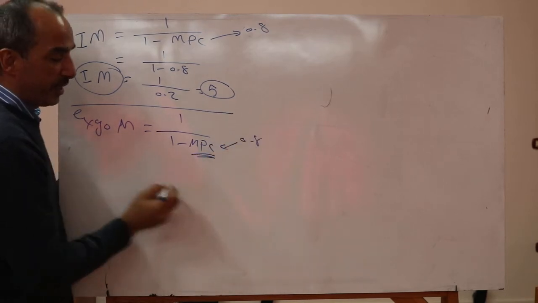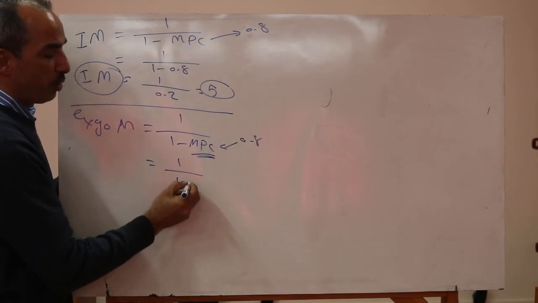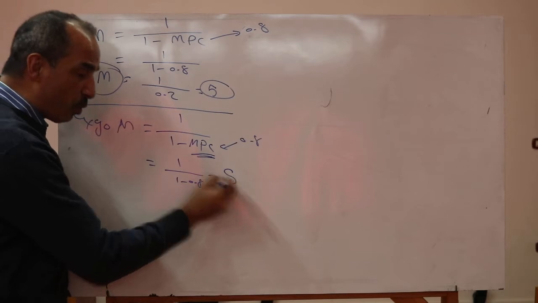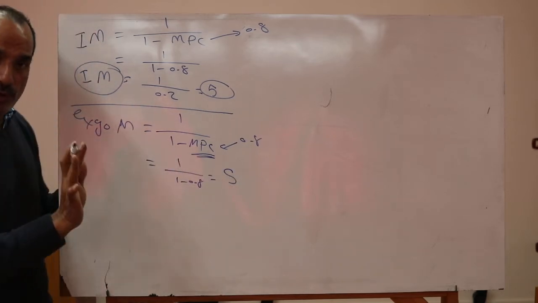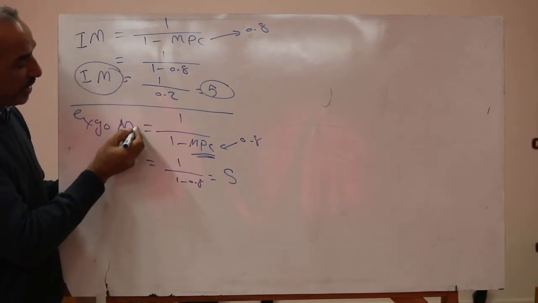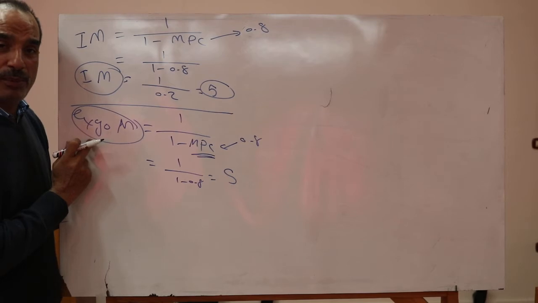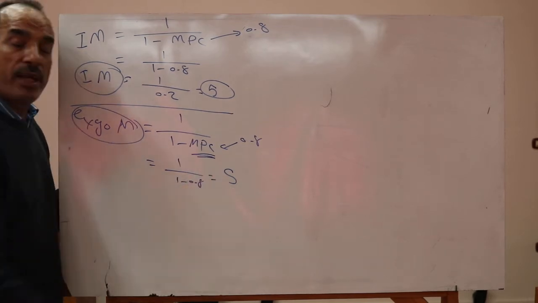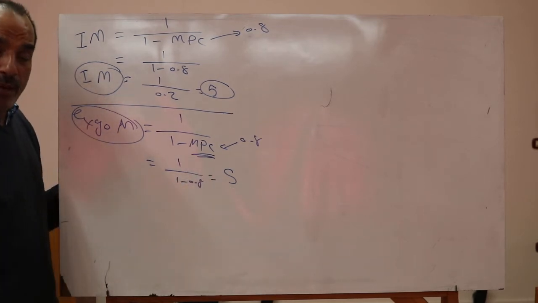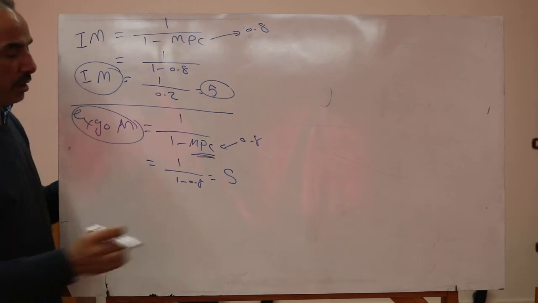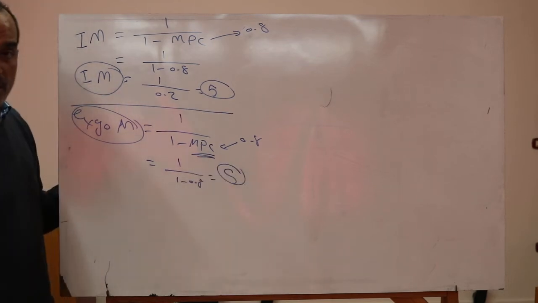In the same example, where the marginal propensity of consumption equals 0.8, it equals 1 out of 0.2, which equals 5. What is the meaning of 5? When we increase government expenditure, the national income must increase by $5 million.